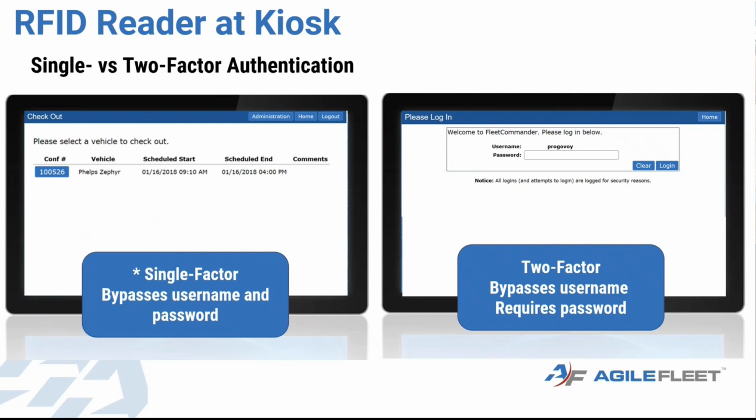If you're trying to simplify things, the two-factor at least requires additional authentication, in the sense that they have to know their password, but it doesn't really speed up the process too much. What does is the single factor authentication, where once they swipe their card, it takes them straight to the reservation that they have standing.